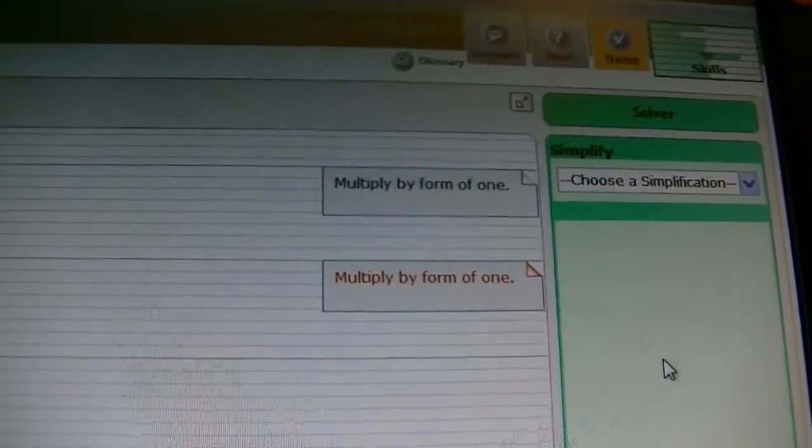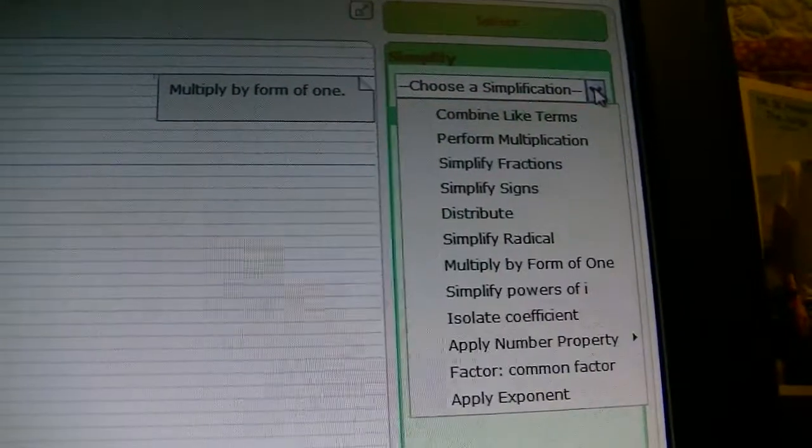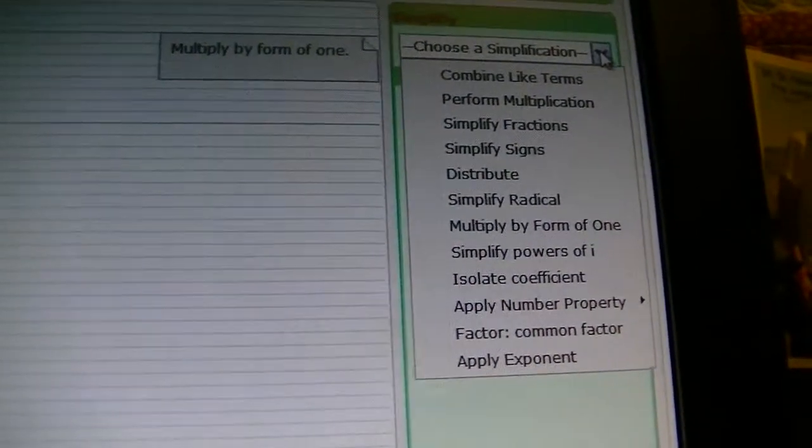Let's do that. See if it'll let me go. Oh, it doesn't like that. Okay. Let's try simplify fractions. Select a fraction that can be simplified. Let's try this. Okay, now I'm going to move that negative up on top.